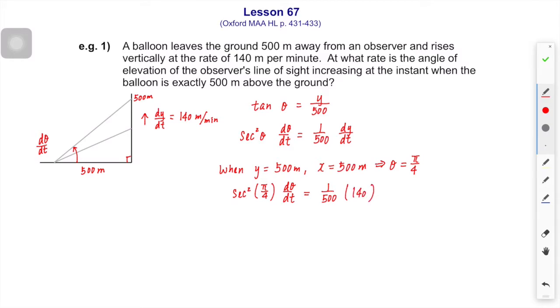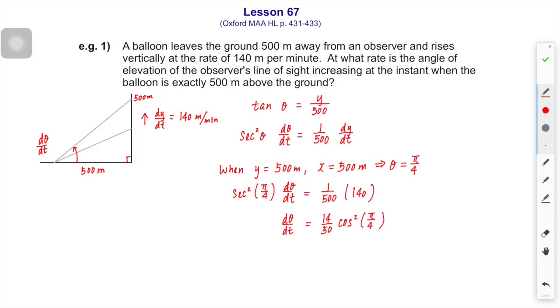Let's solve for d theta dt. On the right side, I have 14 over 50. And then I need to divide by secant squared pi over 4. But this is the same as cosine squared of pi over 4.